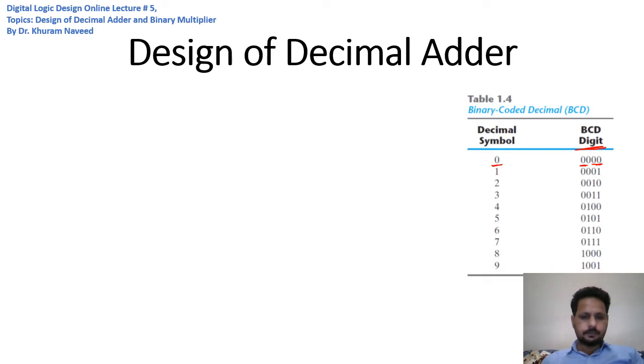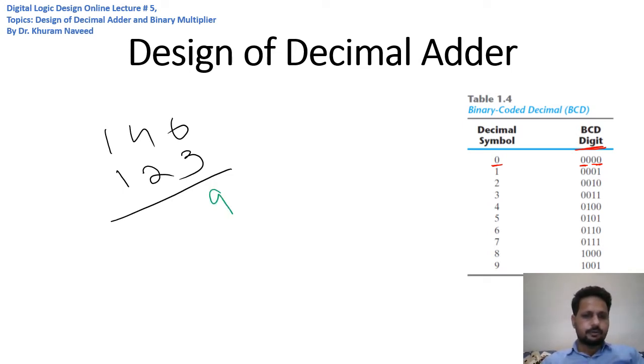So let's suppose we are adding these two numbers 1, 4, 6 and 1, 2, 3, right? So in order to add these, we simply add this 6 and 3, we get 9. We add this 4 and 2, we get 6, and we add this 1 and 1, we get 2. This is how we perform decimal addition on paper.